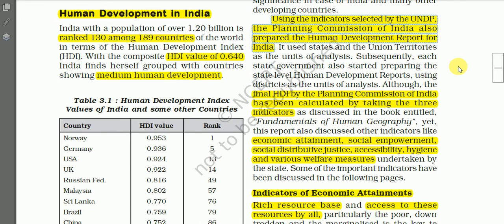So what are those indicators used by the United Nations Development Program? Do you remember what are the three indicators or the key areas used by the UNDP to find out the Human Development Index for different countries of the world?